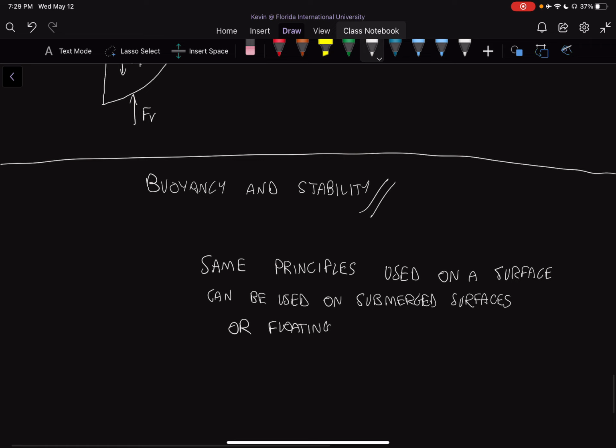So we're going to apply what we've learned so far and apply it to submerged surfaces and floating bodies.